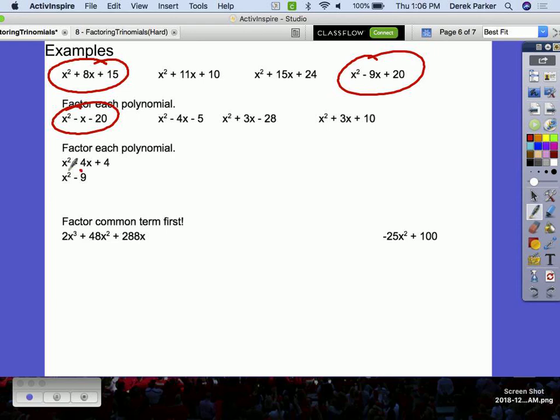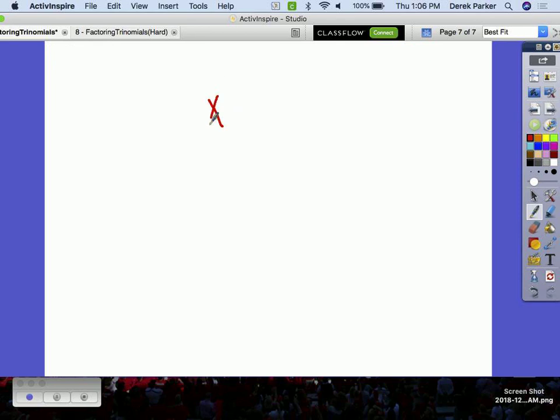Let's do this one. X squared minus 9. As you can tell, there is not a middle term. But your C value is a negative. So now let's list out the factors of 9. 1 and 9, 3 and 3. If your B value cancels out, that means this has to be the opposite of this.